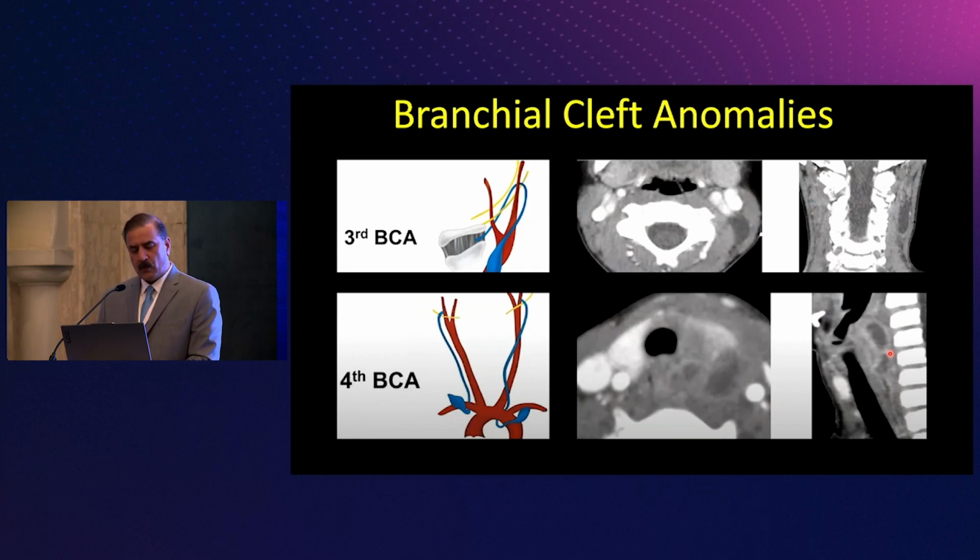So if you have a patient with recurrent thyroiditis, you have to think about this diagnosis, especially the type 4 branchial cleft cyst. What is important here for us as radiologists is that once the surgeon goes in and takes these out, they have to see if they can get the tract that is leading into the piriform sinus, because they have to take the tract out, otherwise this is going to recur again.